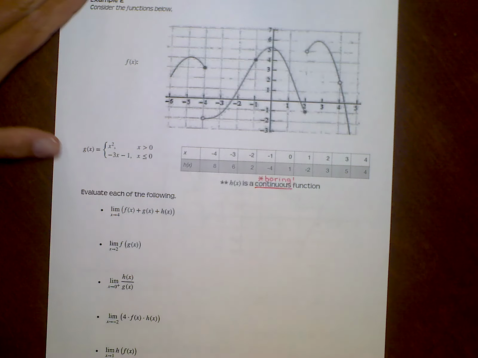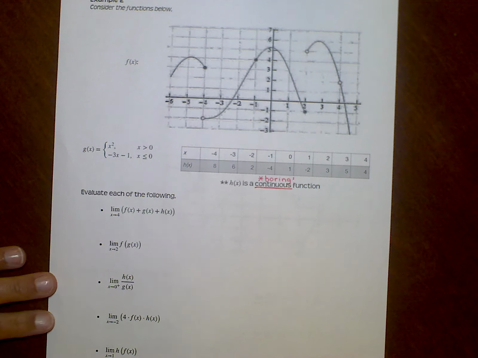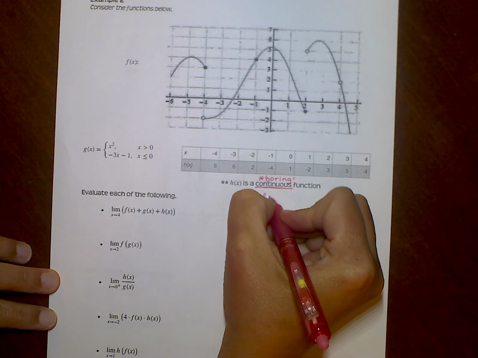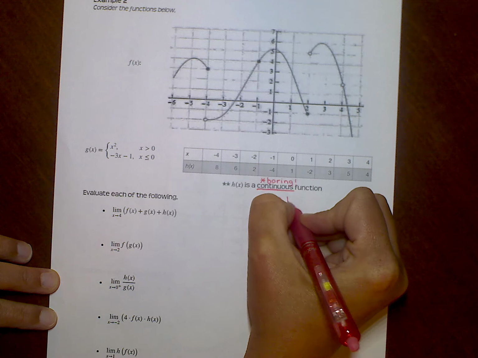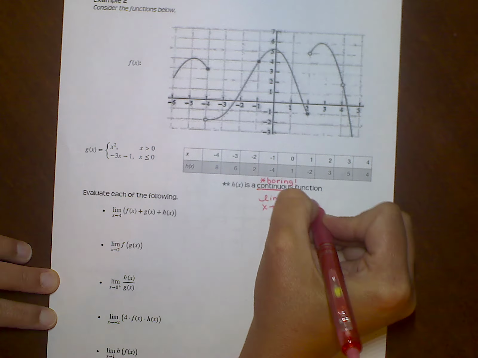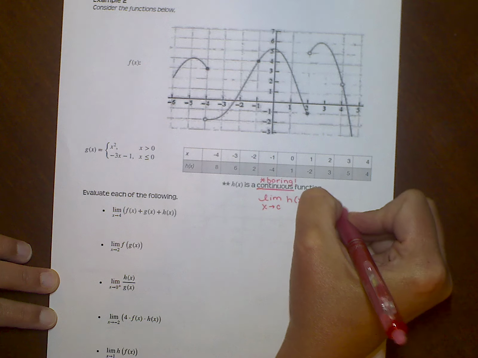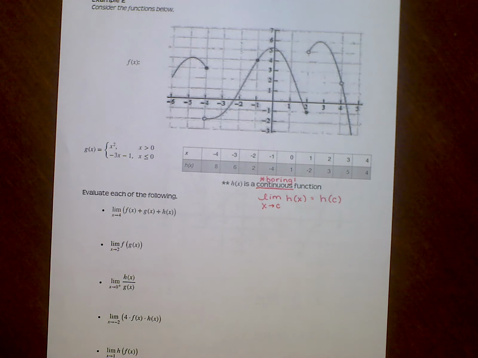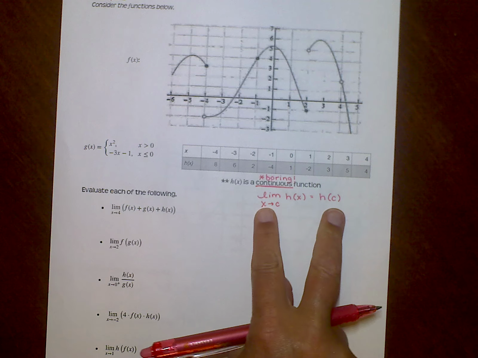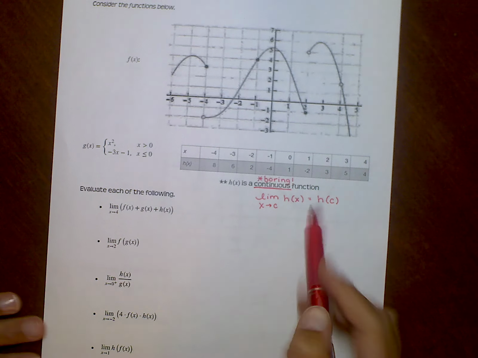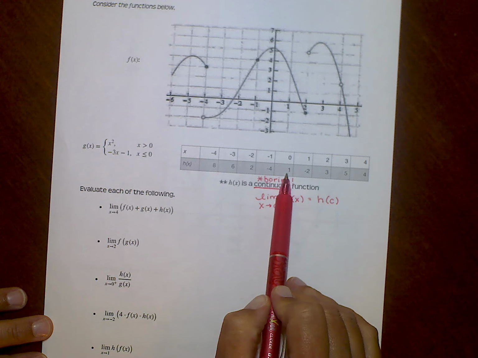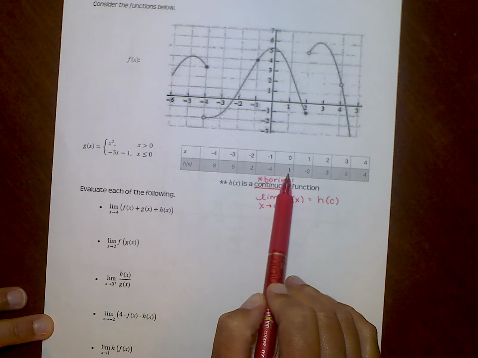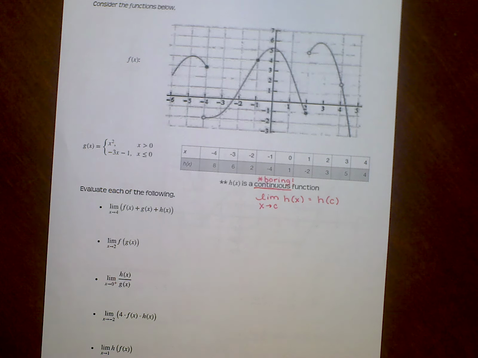And because it's a boring function, the limit as x approaches anything of h of x is always just going to be equal to the function value at that number. We're going to talk a lot more about this idea later on, but when I'm looking for the limit, for example, as x approaches 0, I'm allowed to just say it must be 1, because the limit would just be the actual dot on the graph. There's not a crazy hole or an asymptote or anything like that.